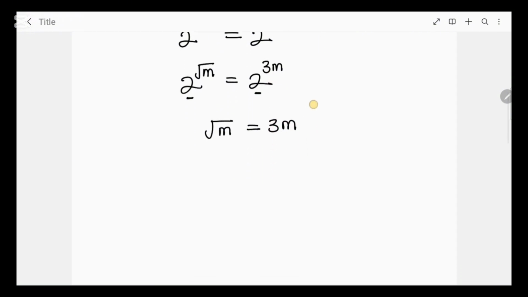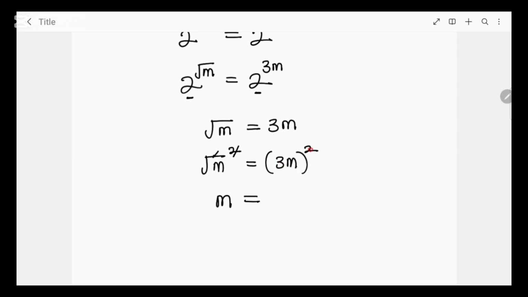Good. Now our next step will be for us to get rid of these square roots. And we do that by taking the square of both sides. So I'll take the square of the left hand side, I'll take the square of the right hand side. Now notice that on the left hand side, this square cancels out the square root, leaving behind m to be equal to, now on the right hand side, this square affects the 3 and the m.